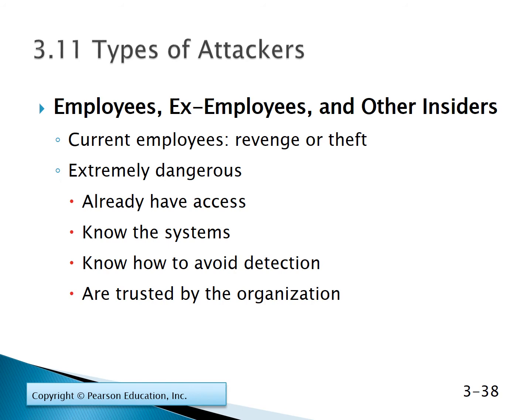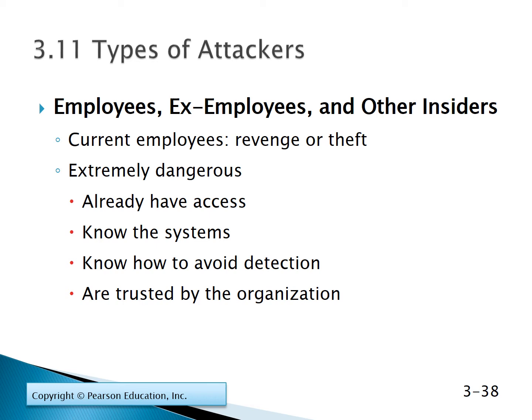So besides hackers, other types of attackers could be employees, ex-employees, and other insiders. A lot of companies are actually facing a lot of security issues from this group of people. Some of the current employees or ex-employees are not happy with the company. They try to take revenge because they don't like the boss or they think they are underpaid by the company and so on.